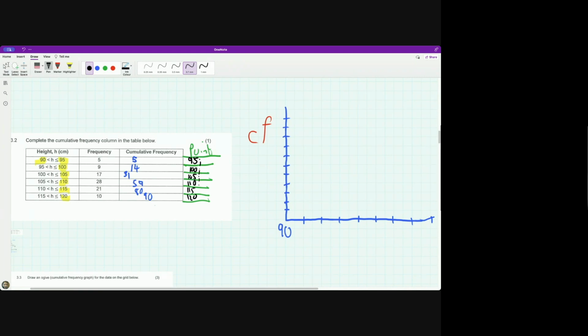And going with that is going to be 5, 14, 31, 59, 80, 90. Give me a thumbs up if you are done getting those points and you get those points like I do.